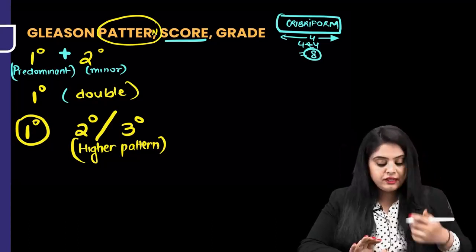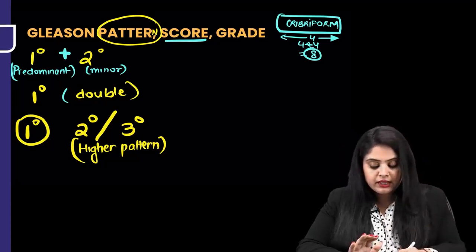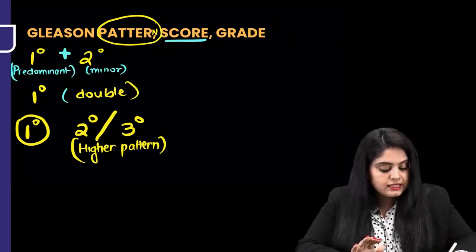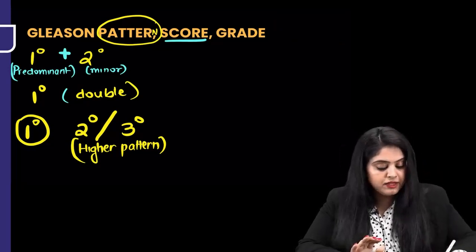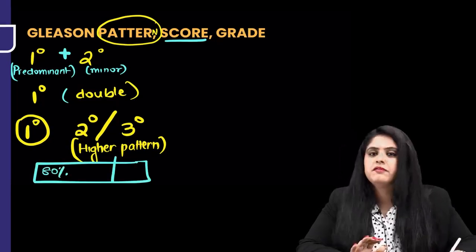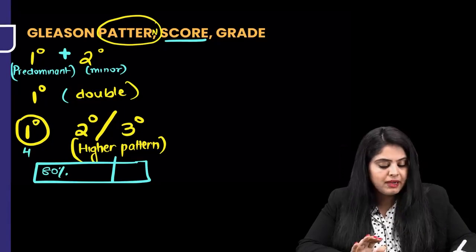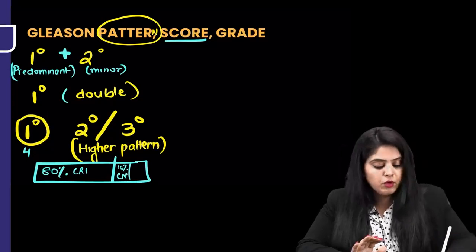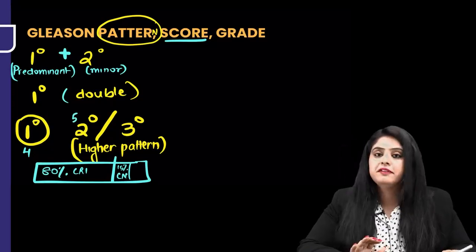Now in the same slide, I'm gonna show you one more thing. If they say that I have divided this slide into that 80%, look at this carefully, 80% of the tumor is gonna be made up of cribriform pattern, meaning pattern number 4. Then 15% of the cell is made up of comedonecrosis. You will say, okay, comedonecrosis means pattern number 5.